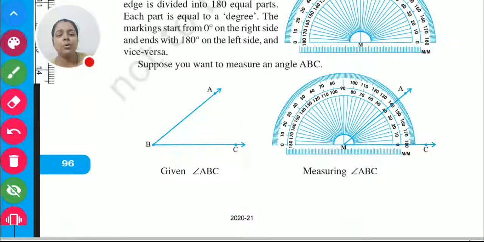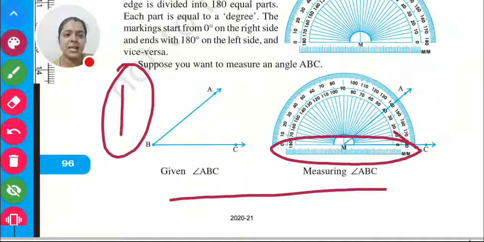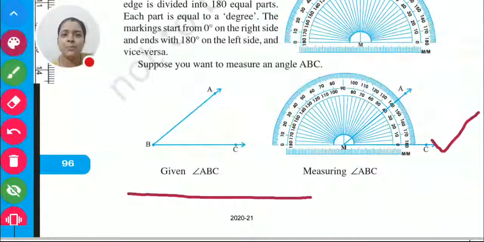What things do you have to do? Two or three things you have to do. The first step is to draw a line with the help of the scale, right? This is done. Now the second step is, two things you have to make sure. You have to focus on this line, where the C is mentioned. You have to match this line with that particular line.